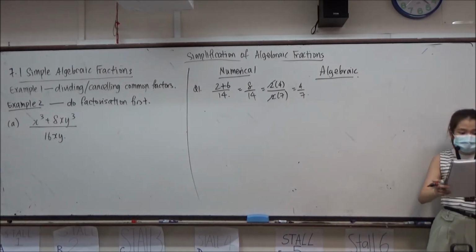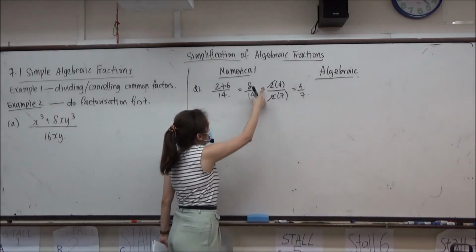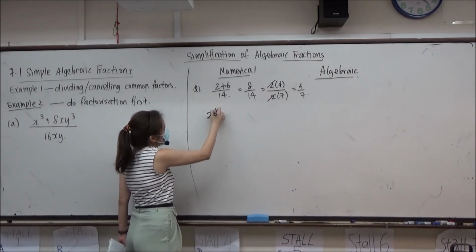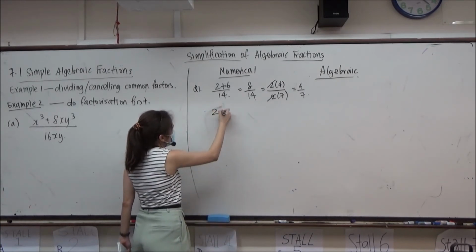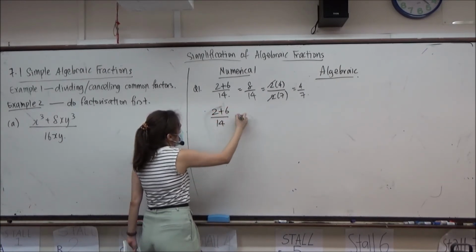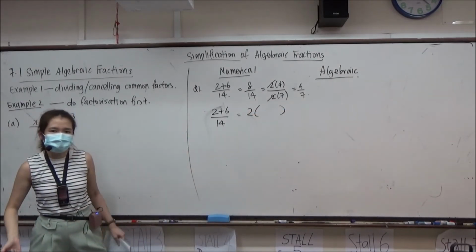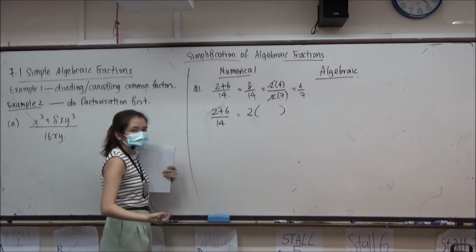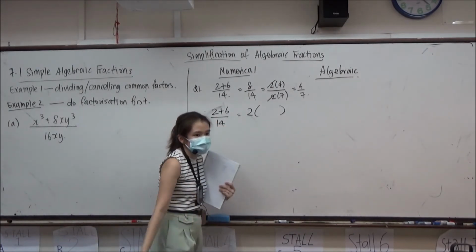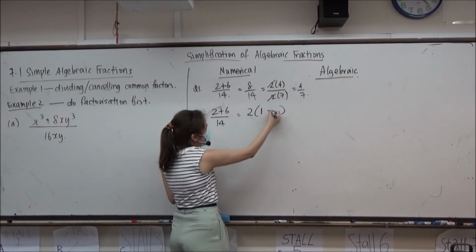I can also see this idea of taking out common factor if I have 2 plus 6 over 14, right at the beginning. I write it as 2, I factorize. Can you remember how to factorize? Extract common factor. If I take out a 2, 2 divided by 2 is 1. 6 divided by 2 is 3.